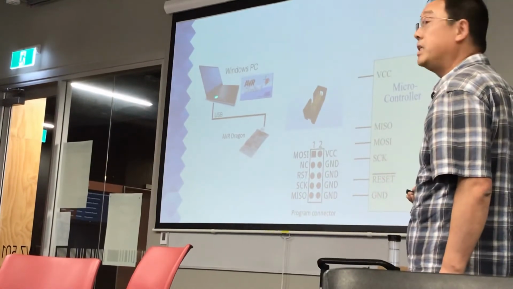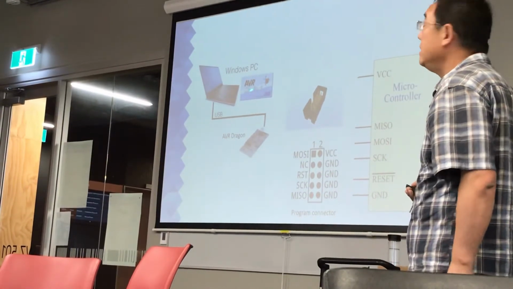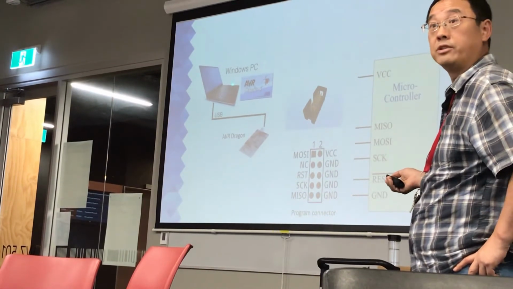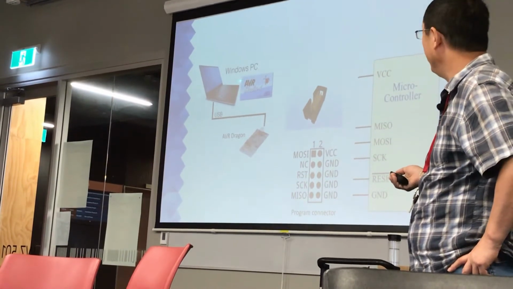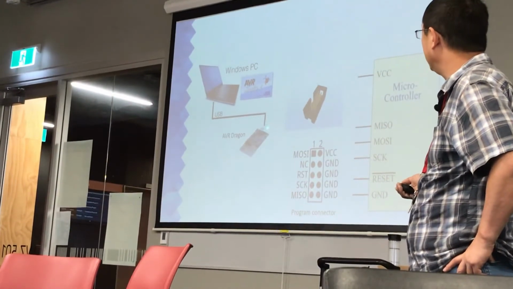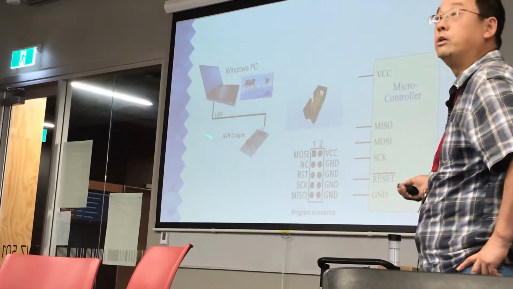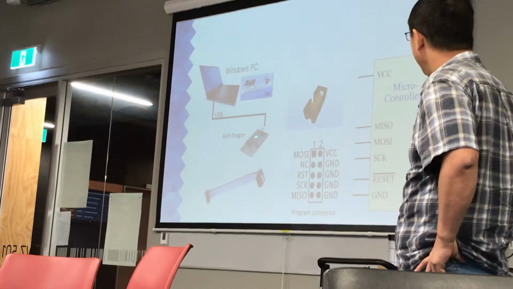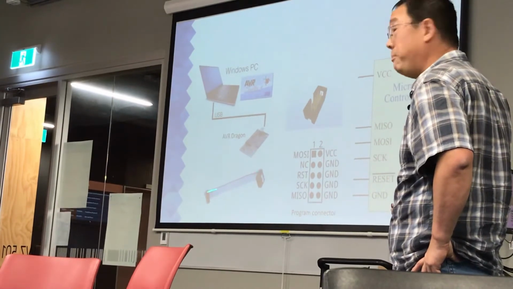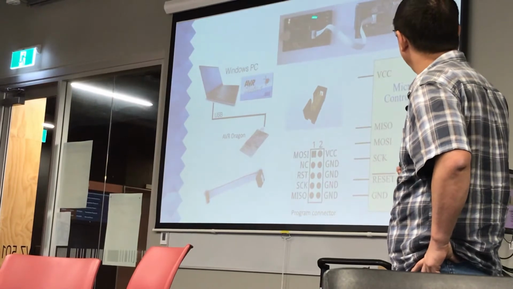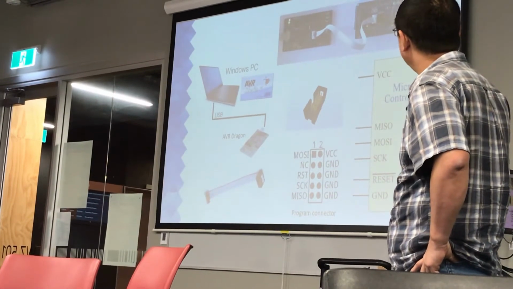Your PC runs Atmel Studio, which is a compiler, and you write your C program in it. When you finish, you use the USB connector to connect to this AVR Dragon, which we call the emulator. This emulator has a port and a cable. You plug the cable into the Dragon board, the microcontroller board.